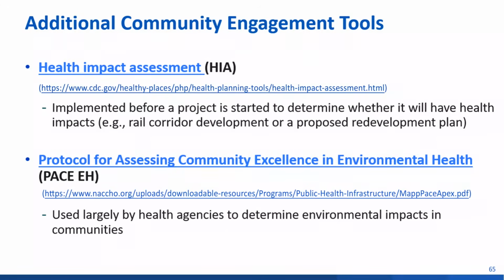Additional community engagement tools include the Health Impact Assessment. This is implemented before a project is started to determine whether it will have health impacts. It's used a lot for new growth, such as a new redevelopment rail corridor, a new hospital, a proposed redevelopment plan, or new corporation.